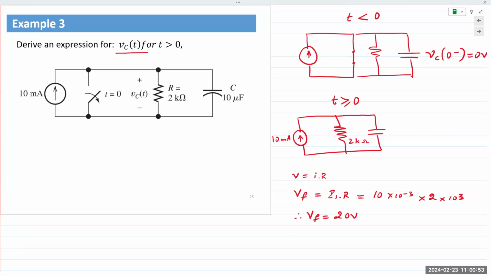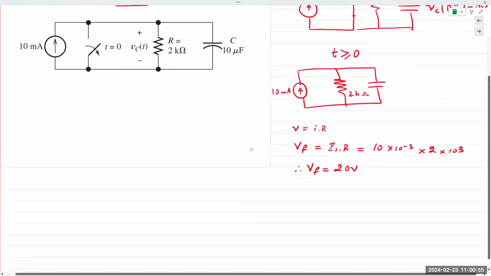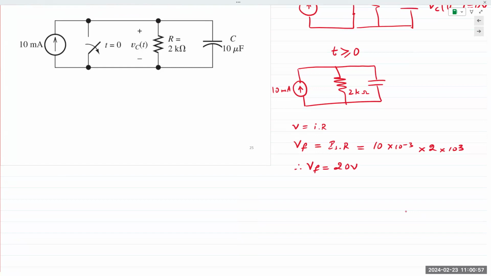So Vf is 20 volts. Capacitor voltage cannot change instantaneously. So VC at 0 plus is equal to VC at 0 minus, which is 0 volts. Therefore, my initial voltage V0 is also 0 volts.